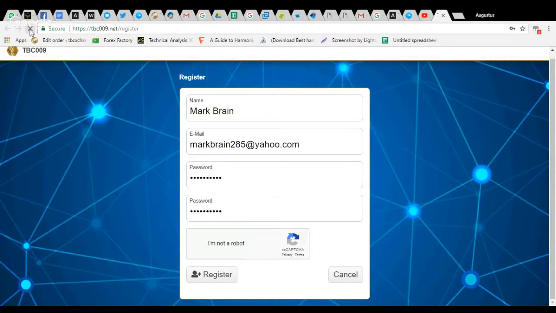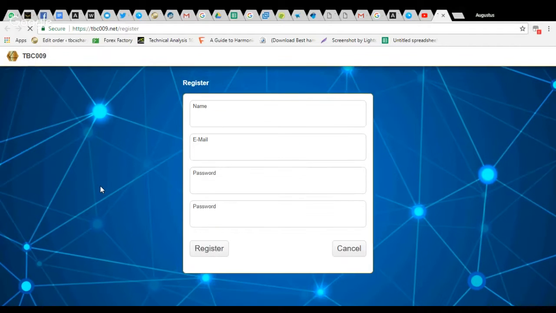Wait for the link to load again. Okay, it's back. So I think I have to input my password, and that has to be done correctly.